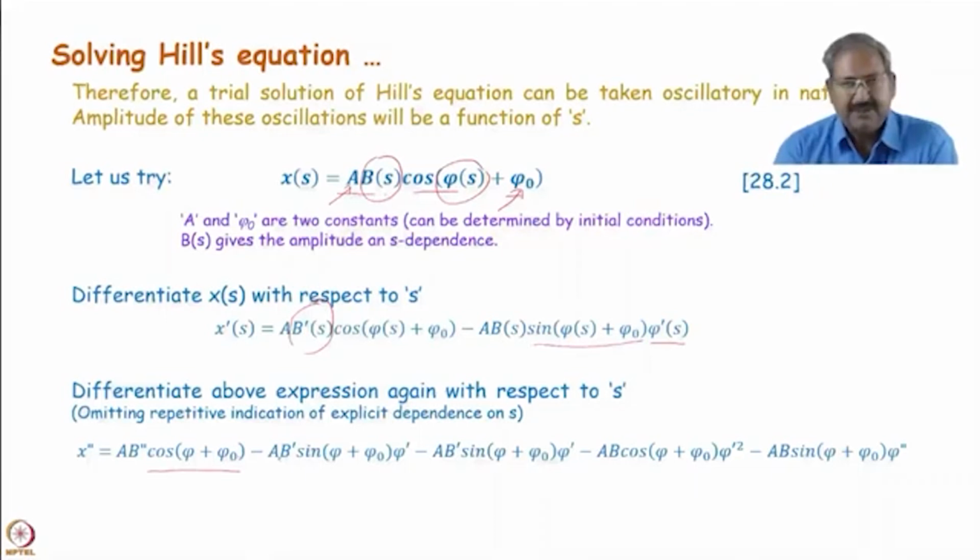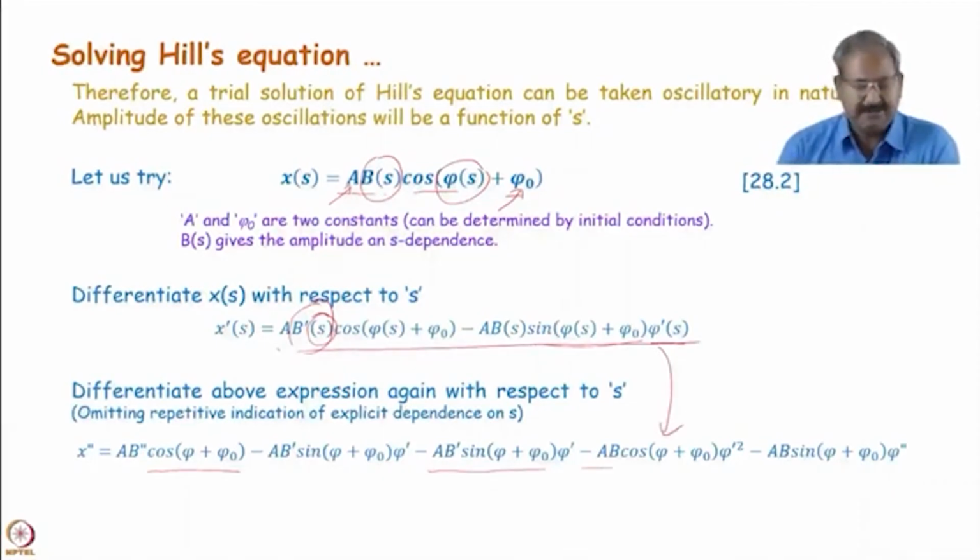I have omitted writing down again and again this s in the bracket. Keep in mind that these quantities have dependence on s. So this A B double prime cosine term minus A B prime sine term with phi prime, and all these terms, when you differentiate these two terms, you will get this equation. This is an easy thing which you can do.